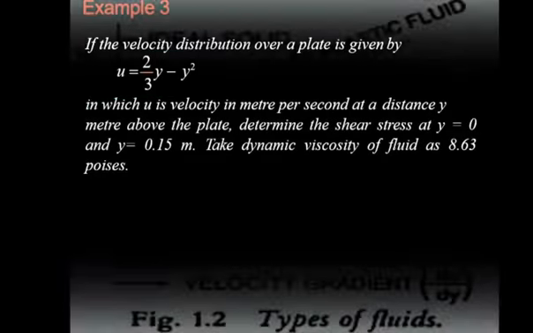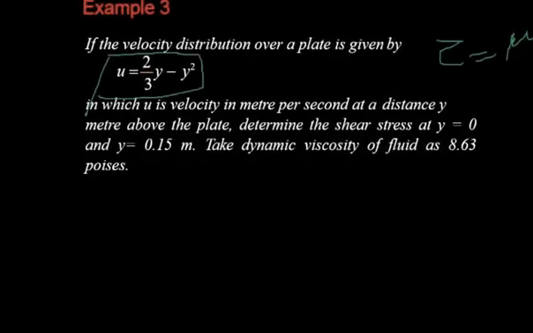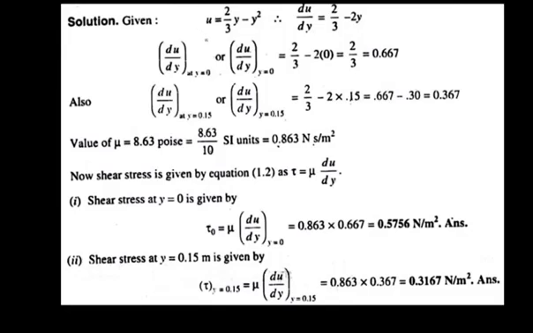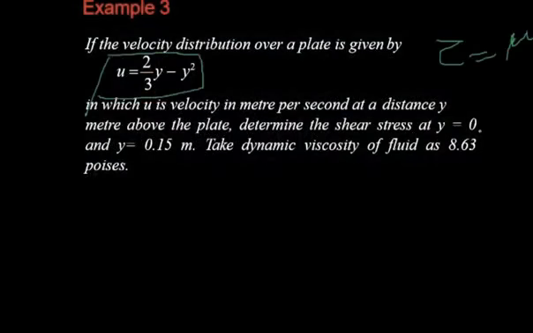I'll show you. See here. u is given, that is u = 2/3 y - y². Whenever we differentiate it, we will get 2/3 - 2y. They have given, we have to find at y = 0, and we have to find at y = 0.15.